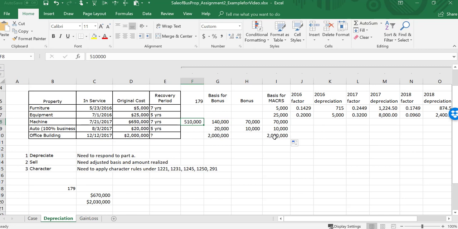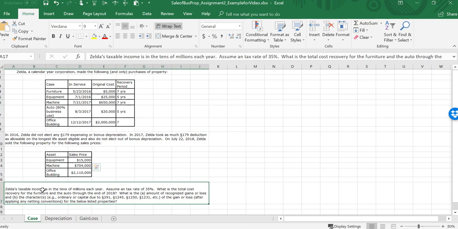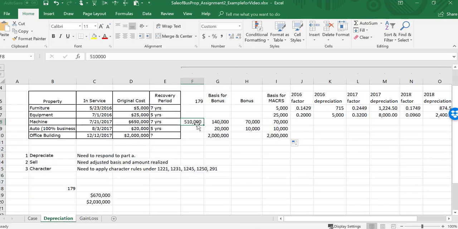Okay, so hopefully this is making sense so far. Let's go back through it really quickly, right? So for Section 179, we determined that they were eligible to take the full amount for 2017. That's $510,000. So there's no income limitation. The case actually says that. I kind of brushed over it. Their income is in the tens of millions each year. So the income limitation is not going to come into play.